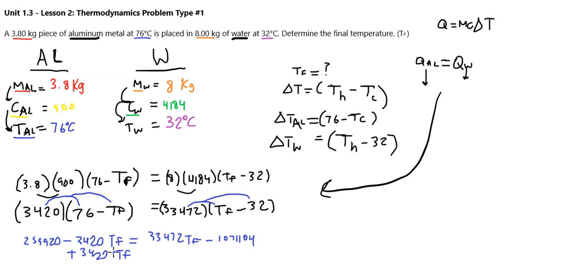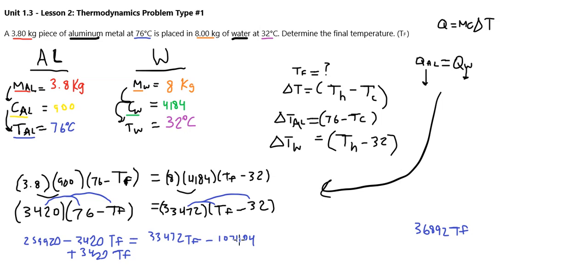And once we do 33,472 TF plus 3,420 TF, we get 36,892 TF. Then we still have this part.